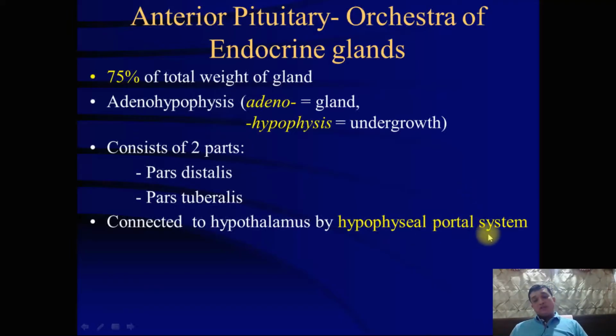There are two such portal systems in the human body. One is in the case of the liver, from the GI tract, which is called the hepatic portal system. And the second is present in the hypothalamus and hypophysis, that is the pituitary gland. Because it is present in the hypophysis, you call it the hypophyseal portal system.